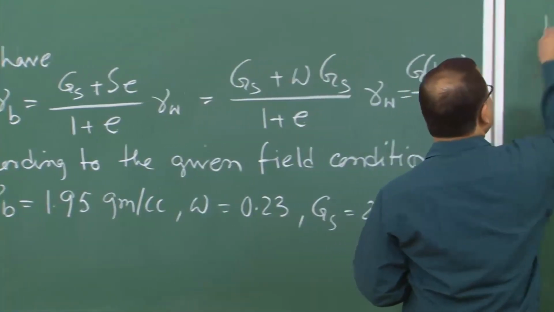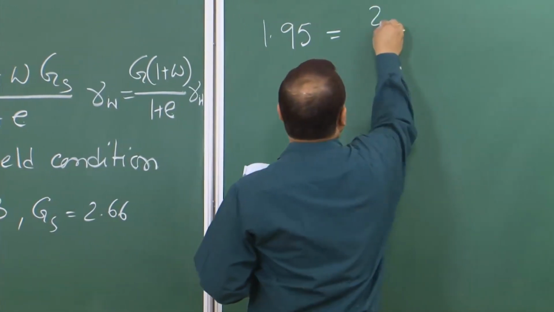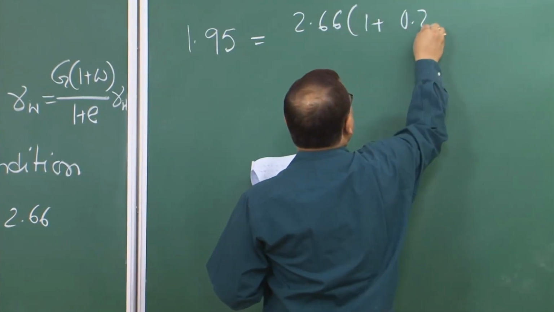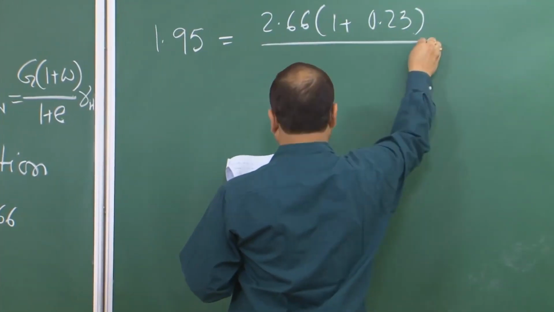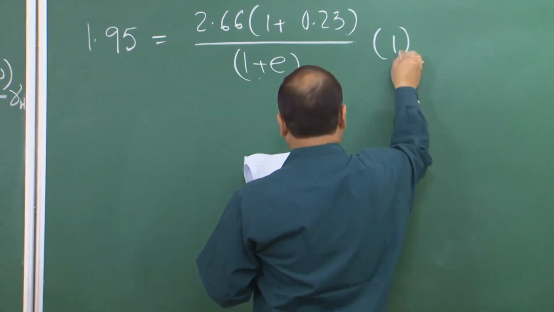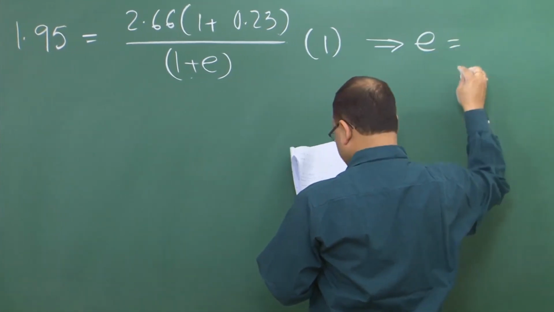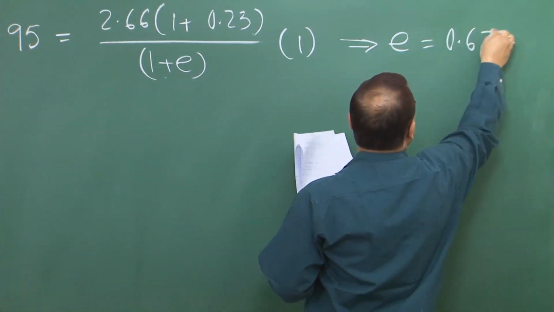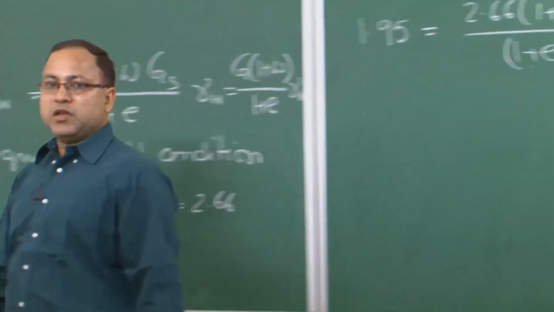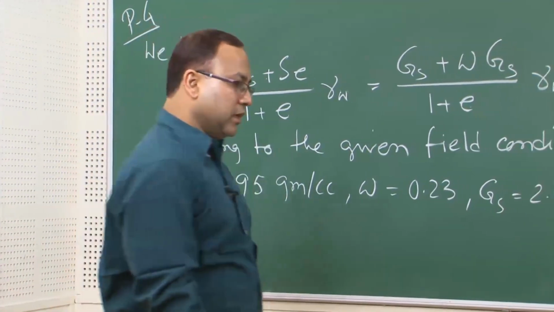Now, with these values we can put in this expression: 2.66 into (1 plus 0.23) divided by (1 plus e) into 1, from which I can get the void ratio equal to 0.678. So, this is the void ratio as per the problem.